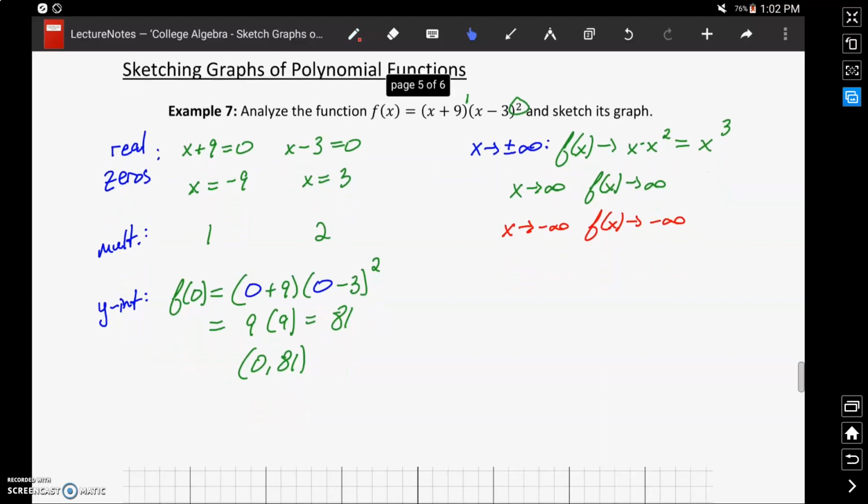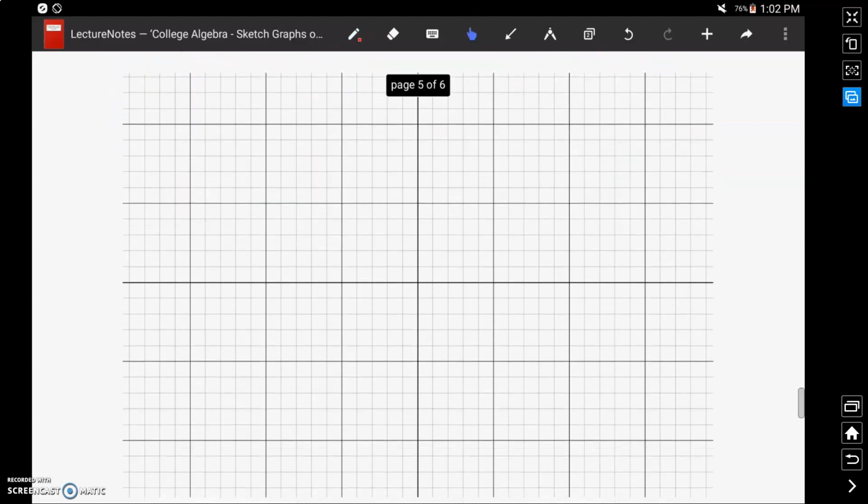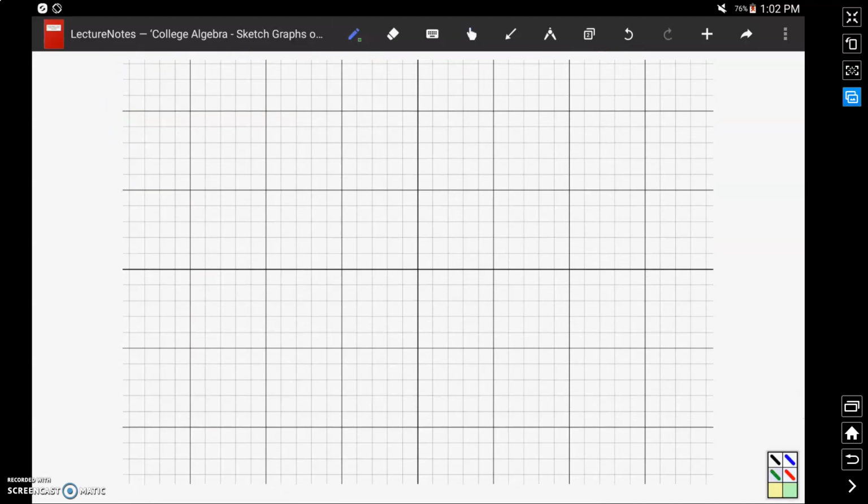Now we want to take that information and use it to sketch the graph of our function. Again, we know that we have x-intercepts occurring at negative 9 and at positive 2.